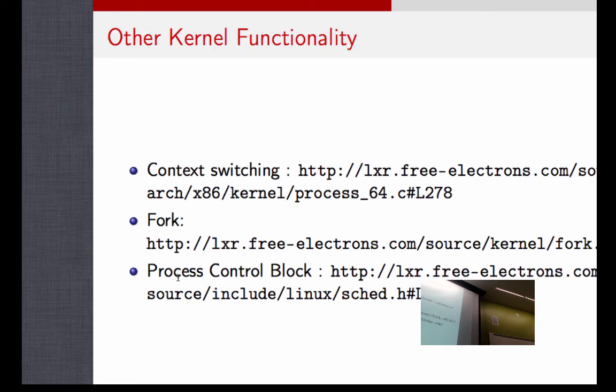It starts off really simple. The task structure, the process control block, when it first started, just had these things. But then people kept adding more features and implementing more things, so you need to add more fields and so on. Yeah, but that's a great question. So it's a big mess.